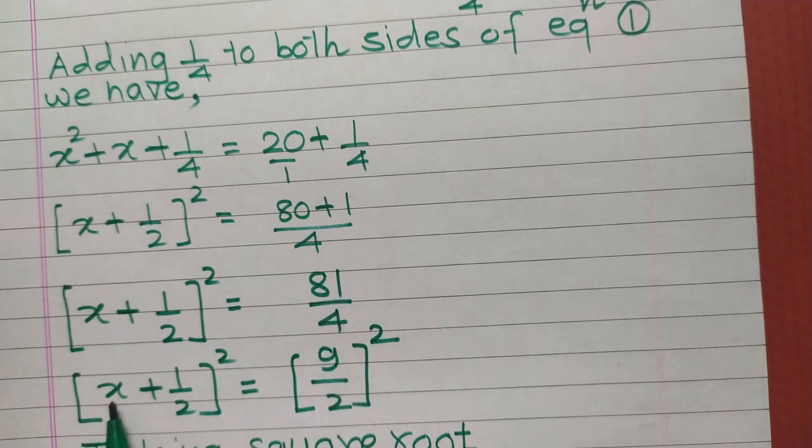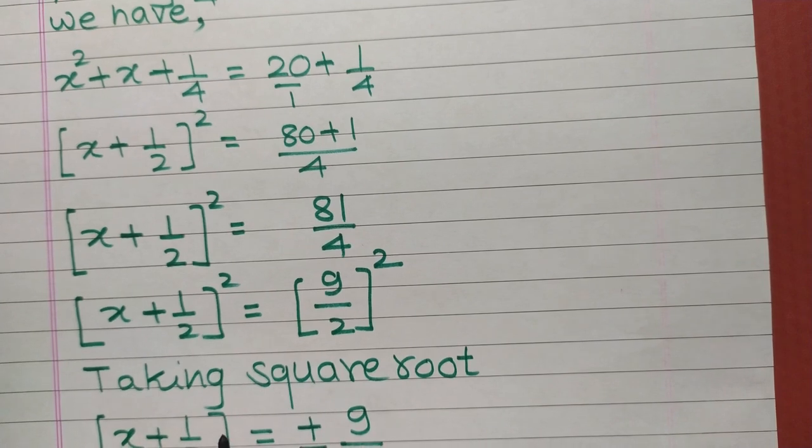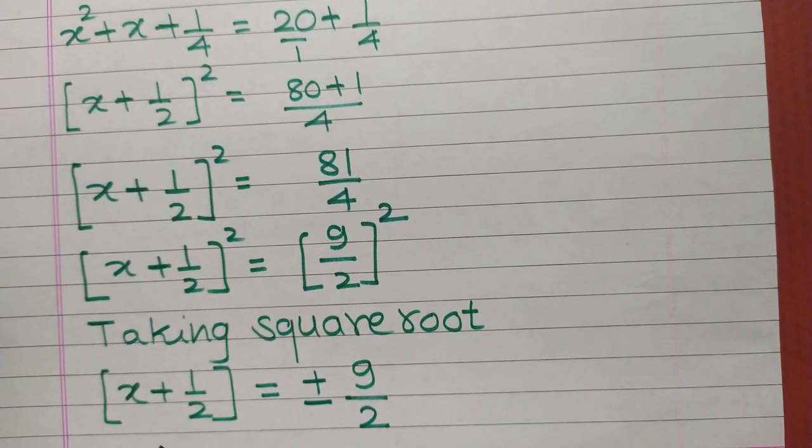So here I have written x plus 1 upon 2 whole square is equal to 9 upon 2 bracket square. Now both sides are complete squares. After taking square roots, we have x plus 1 upon 2 is equal to plus or minus 9 upon 2, because the square of plus is plus and the square of minus is also plus.